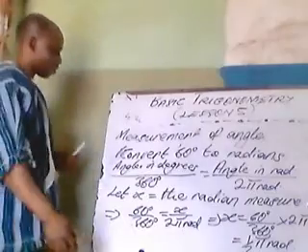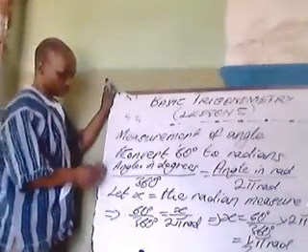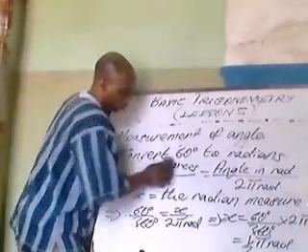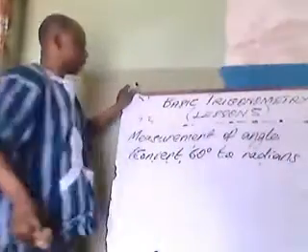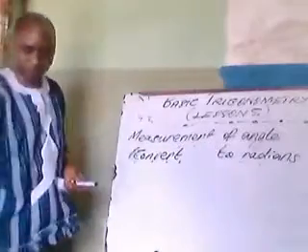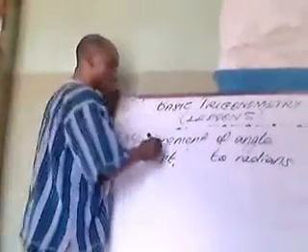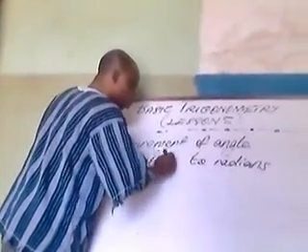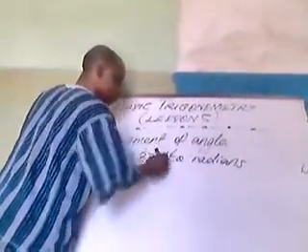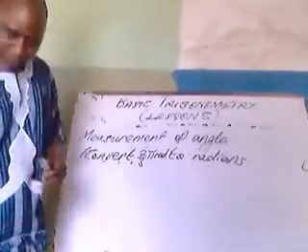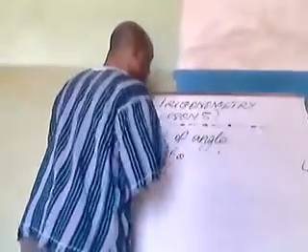Now let's try another example. Let's say you are being asked to convert 2/3 pi radians to degrees.